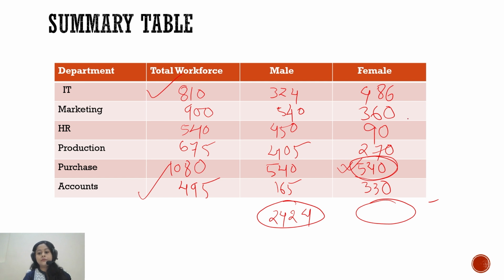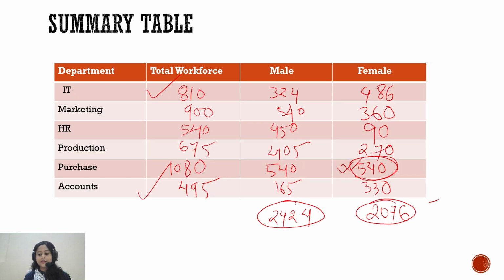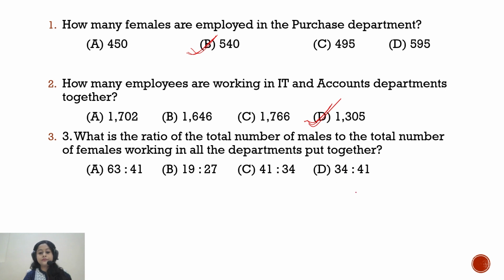Adding 486 plus 360 plus 90 plus 270 plus 540 plus 330, you will get 2076. Finally, the ratio is 2424 is to 2076.